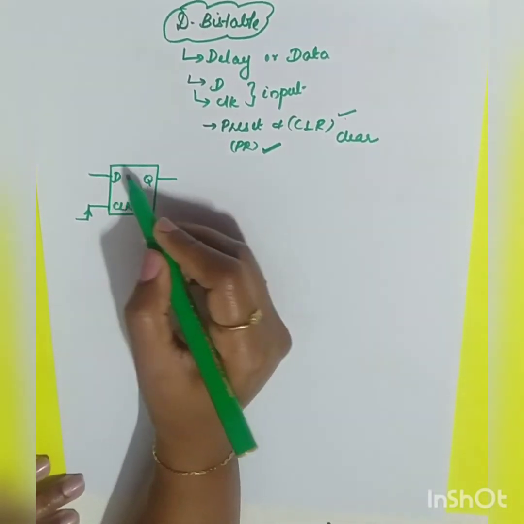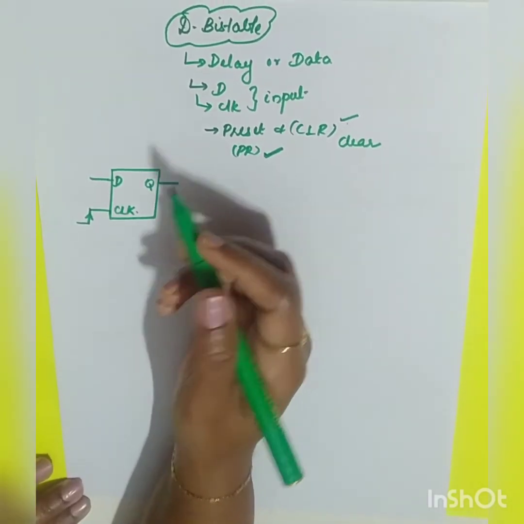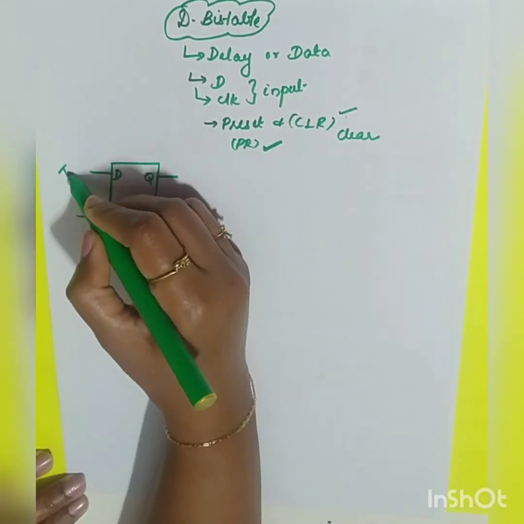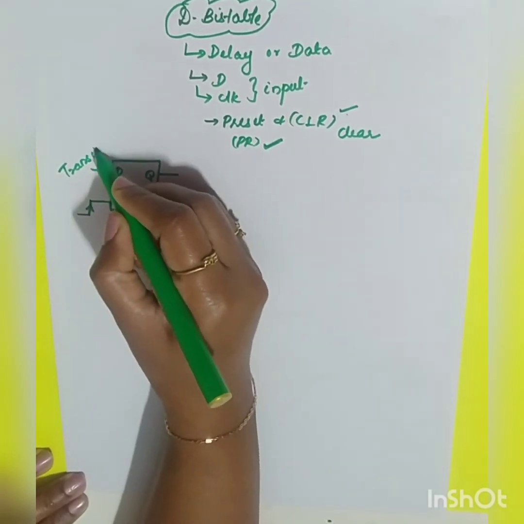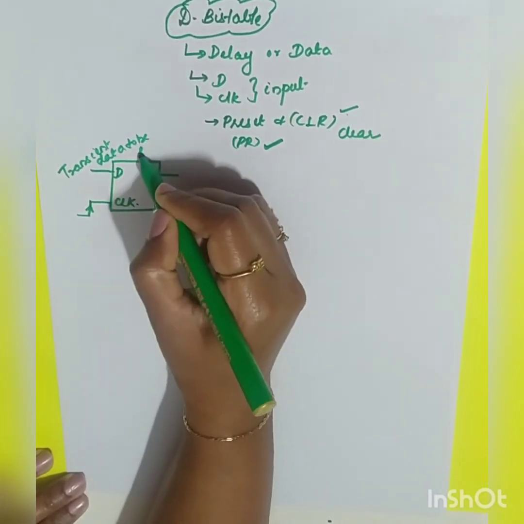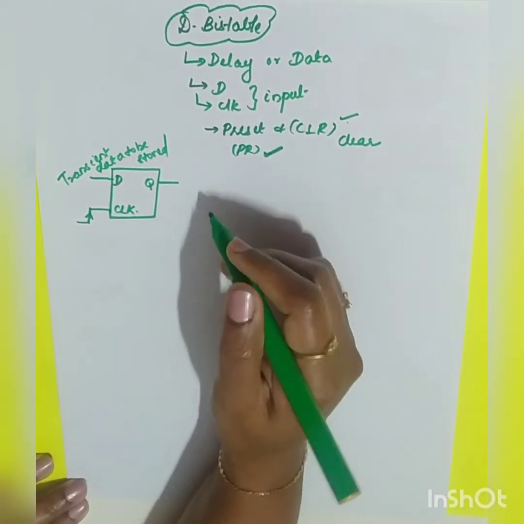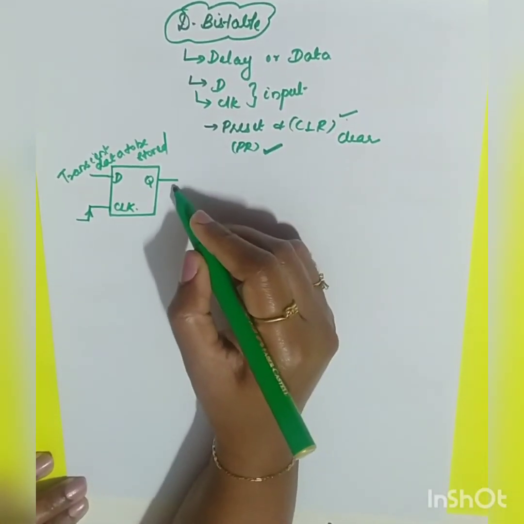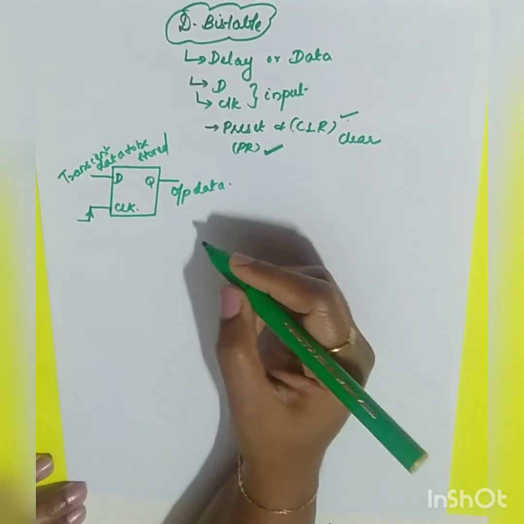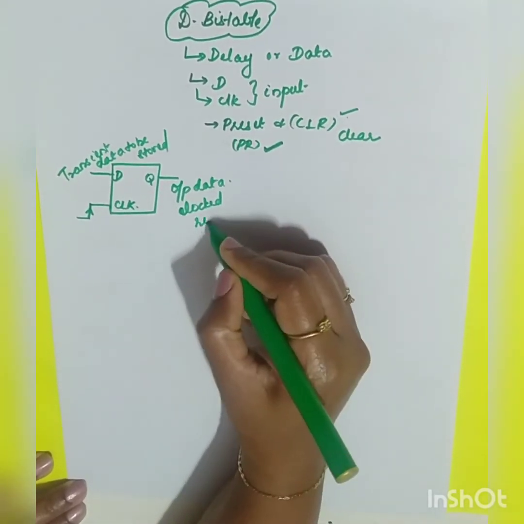Whatever is the input, you will get the same as the output but with a certain delay. So this is your transient data to be stored. This will be the output data that is clocked during the rising edge.